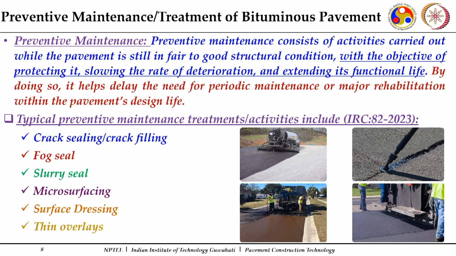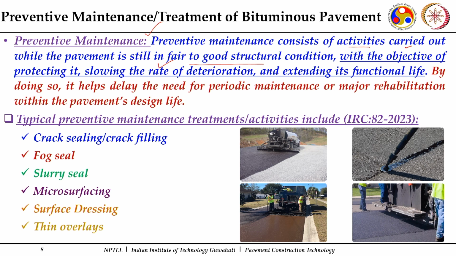Then comes the second important maintenance job, your preventive maintenance activity. Preventive maintenance consists of activities carried out while the pavement is still in fair to good structural condition, but with the objective of protecting it or slowing the rate of deterioration, because some distresses in due course of time may appear.